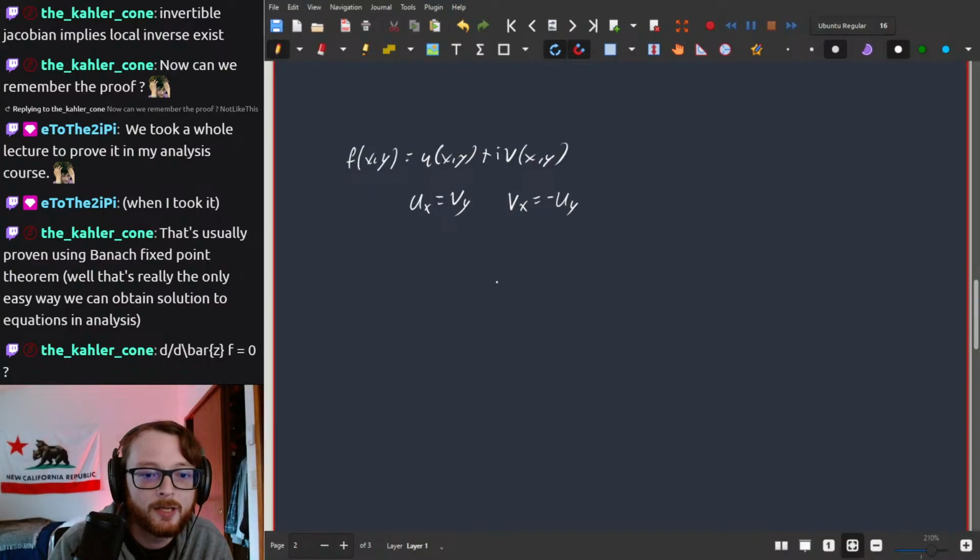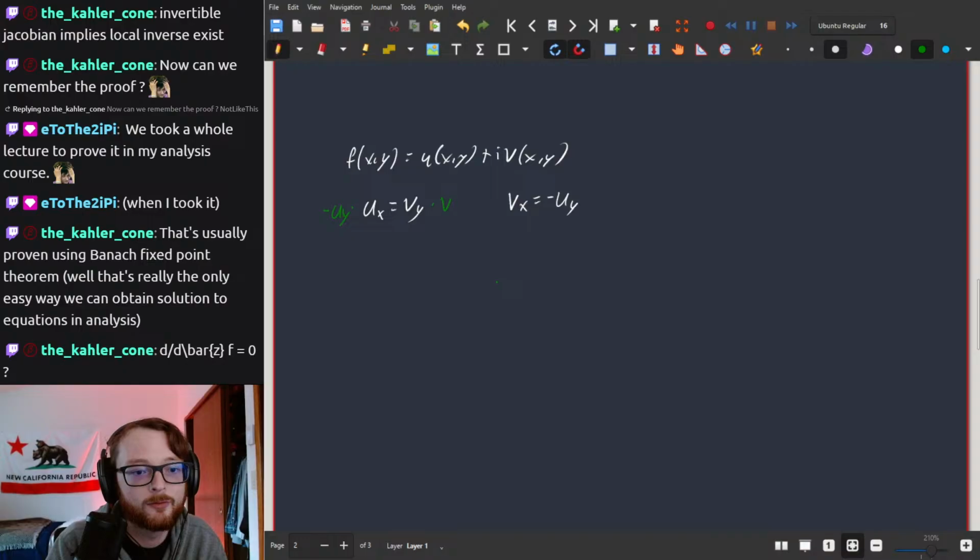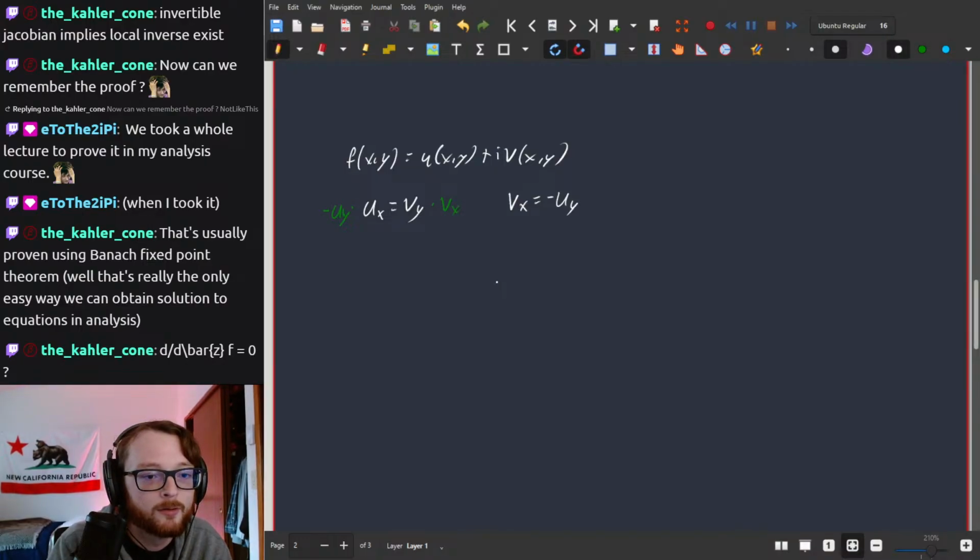What you do is you take the first equation, multiply it. Since these two things are equal, you can multiply this equation on one side by v_x and on the other side, minus u_y. So you get minus u_x u_y equals v_y v_x.